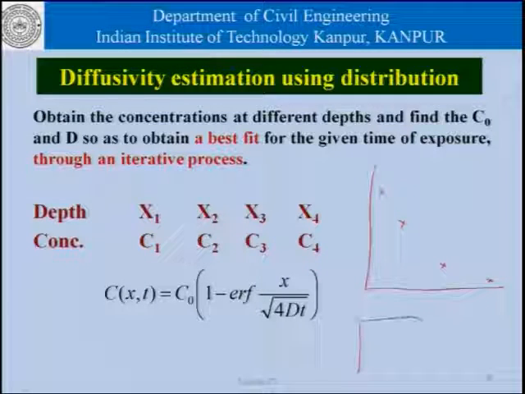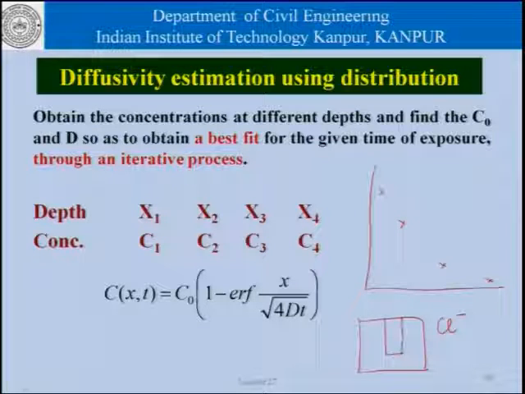If we have a concrete specimen like this, which has been exposed to chloride environment for a certain amount of time and so on, and after that we take a sample out of this, make a core, make slices and determine the chloride concentration at different depths.